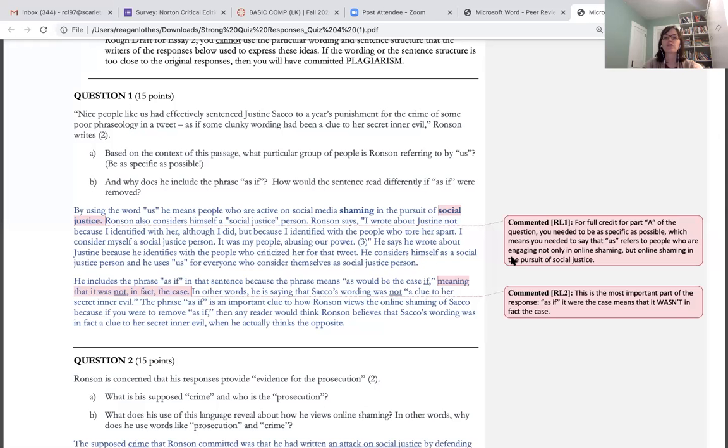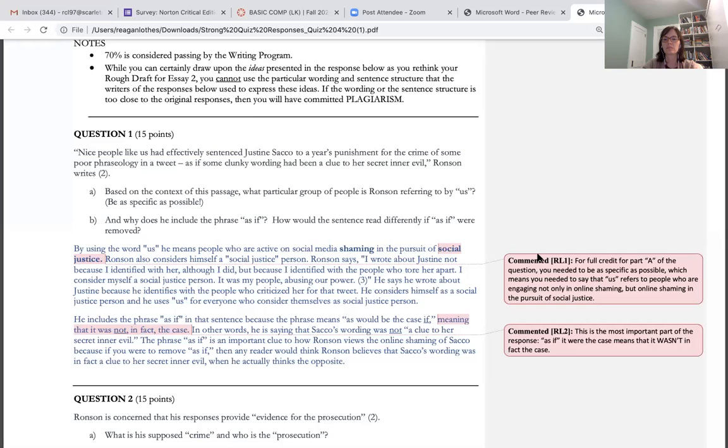And question 3, just to re-emphasize this so we're ready to have this in mind when we take the synthesis quiz 6, putting Ronson and Larson together into conversation. So when Ronson uses the word we, what particular group of people does he have in mind? And be as specific as possible. By using we, he's referring not only to social media users, right?